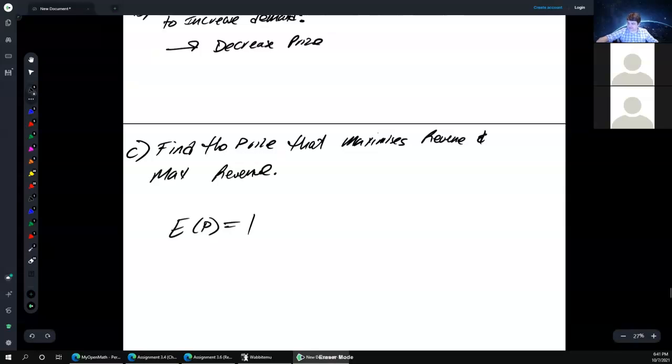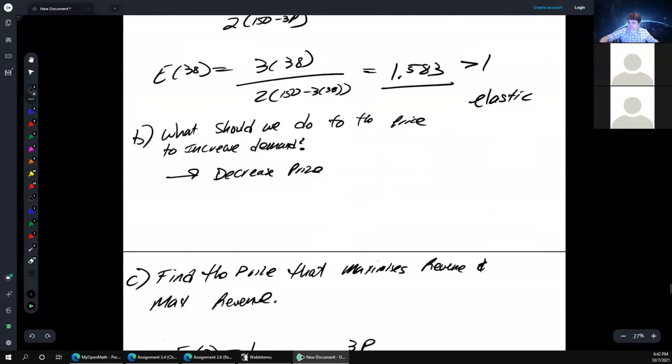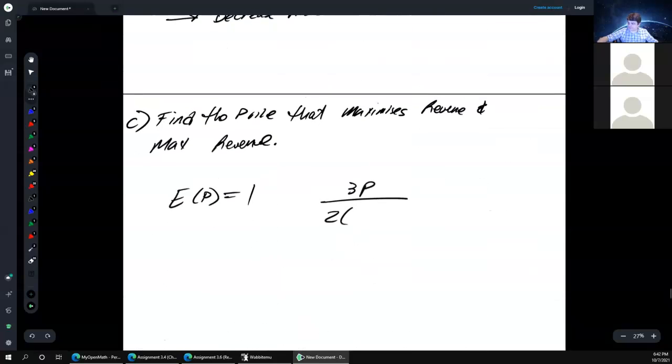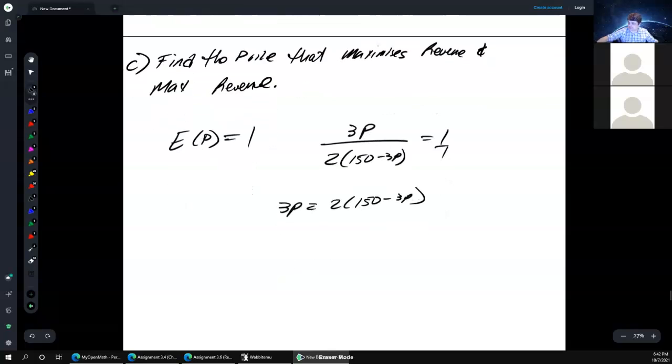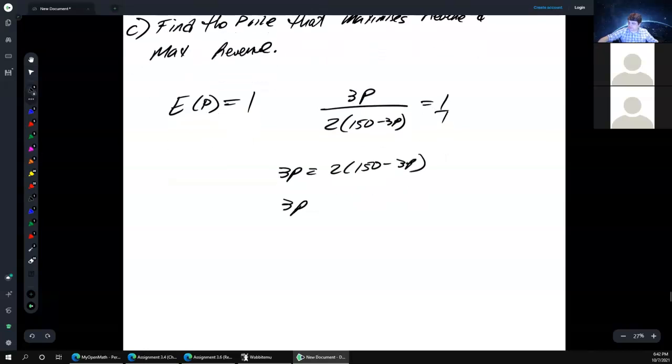So once again, my elasticity function was 3p over 2 times, I believe it was 150 minus 3p. We're going to set that equal to 1. Do a quick little cross multiplication and just solve this out a little bit. So 3p, if we distribute, that's going to be 300 minus 6p.